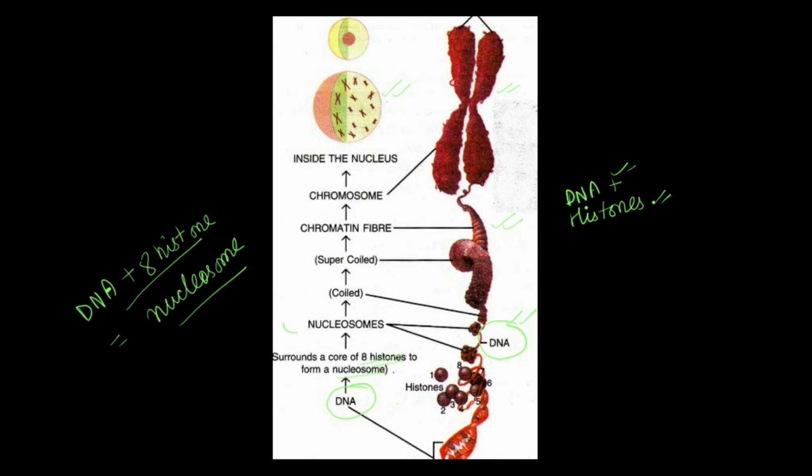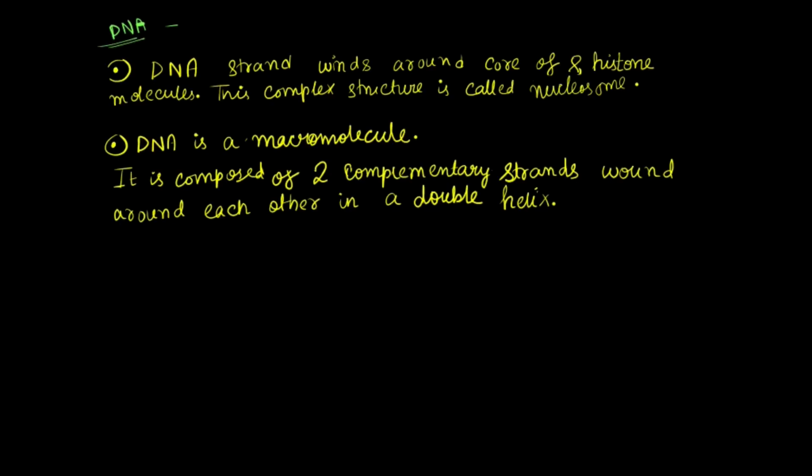Then 8 histone molecules make a nucleosome, which gets coiled and supercoiled to form chromatin fiber. Chromatin fiber during cell division forms chromosome inside the nucleus.